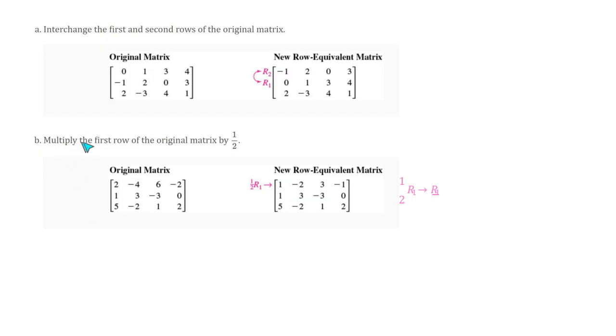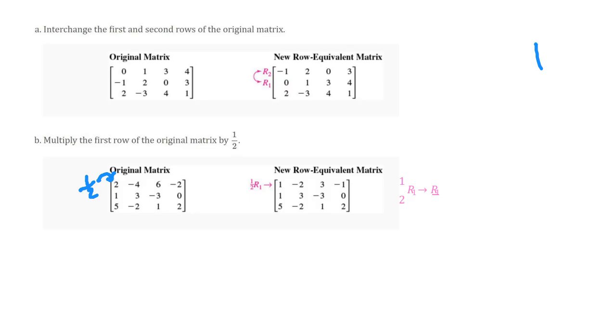Okay, it says multiply the first row of the original matrix by 1/2. So this first row, we're going to multiply it by 1/2. So 1/2 times row 1. Let me get my pencil. It'll be easier to look at it this way. Okay, so what we're doing is we're taking 1/2 and we're going to multiply it times 2.